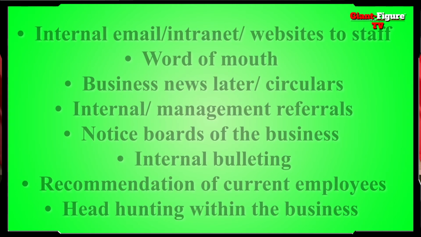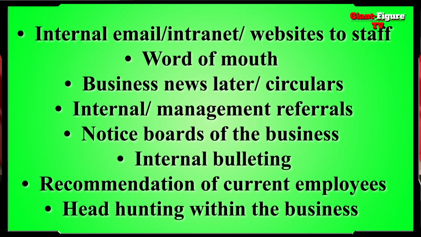And those sources include internal emails, websites to the staff, word of mouth, business newsletters, internal bulletins, notice boards of the business. So you can tell that all these sources are found within the business and not outside. So these are the sources that businesses use within the business to advertise available vacancies.